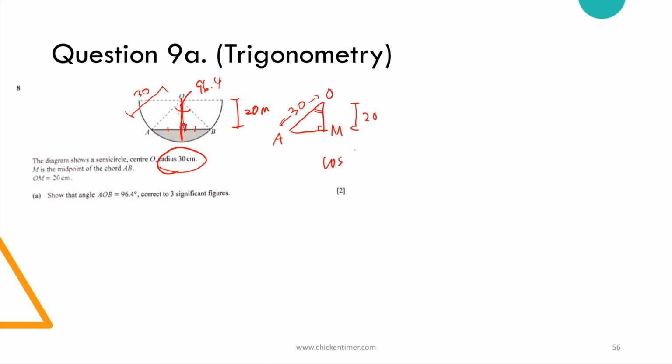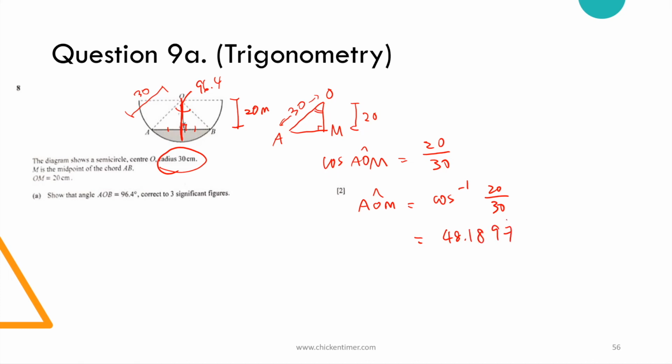So cosine AOM equals adjacent over hypotenuse. So AOM is 48.1897.